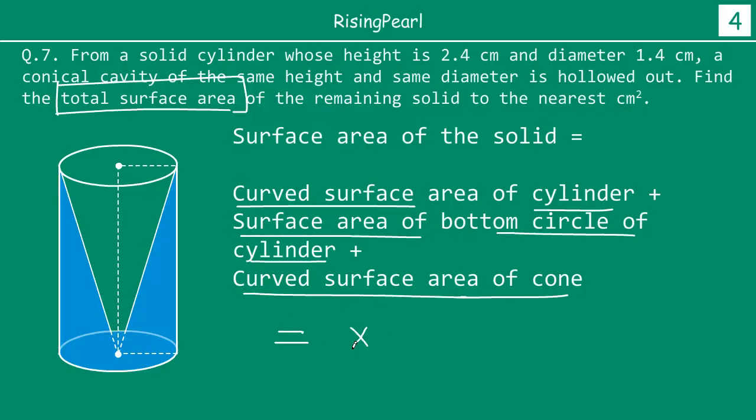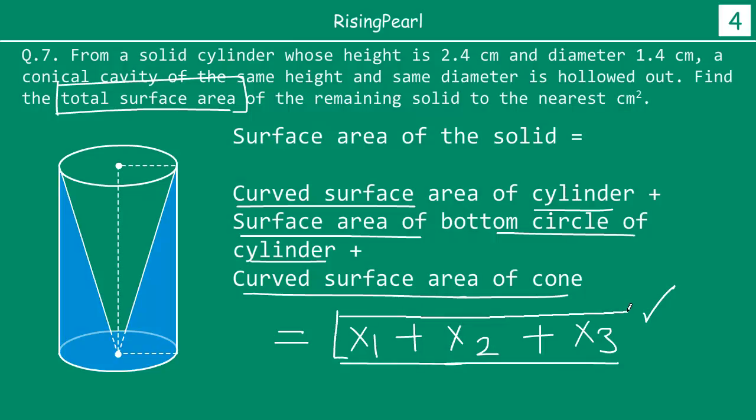So we have found x1, x2 and x3. If you simply add them, you are going to get the final answer. And it is at this step that ideally you would want to expand pi either as 22 by 7 if it is given in the question, or use it as 3.14 and then find the final answer.